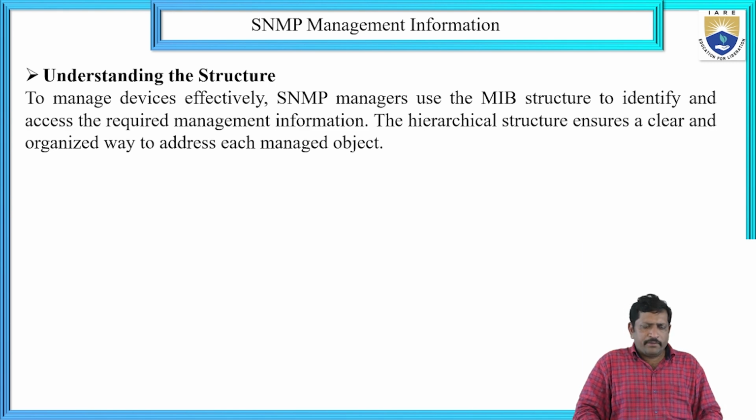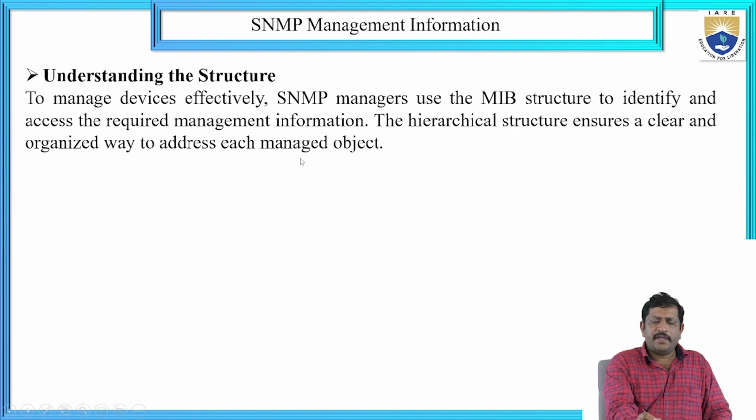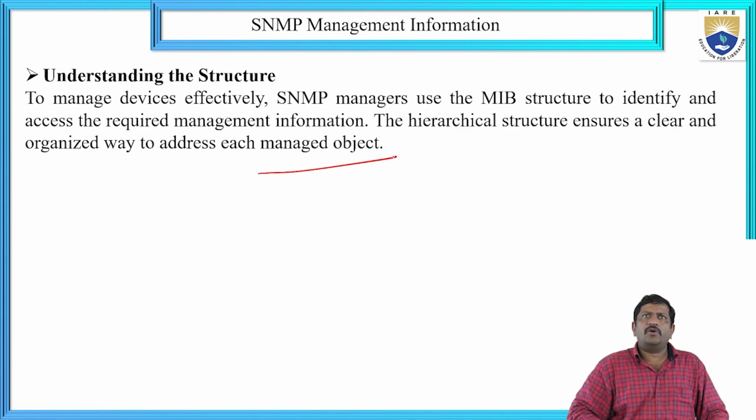Whatever information you want to manage can be managed. The hierarchical structure ensures a very clear and organized way of addressing each managed object. This is about understanding the structure.